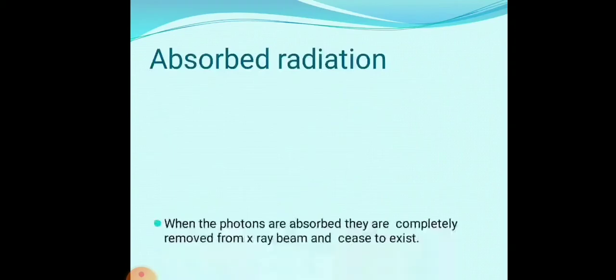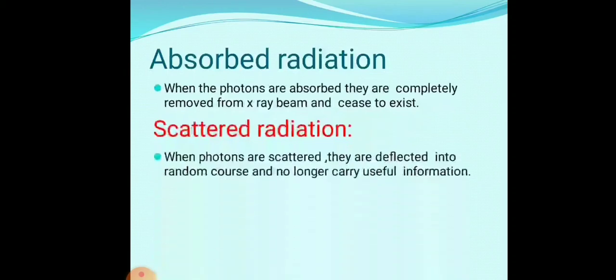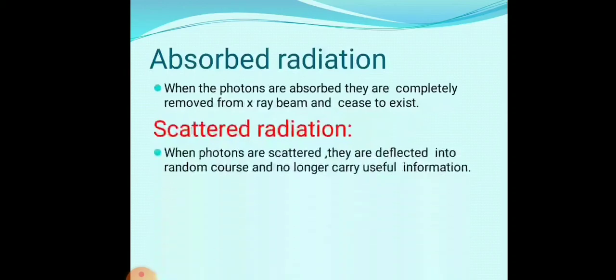Now going to see absorbed radiation. Absorbed radiation means that when photons are absorbed, they are completely removed from the X-ray beam. Scattered radiation means that when photons are scattered, they are deflected in a random course and no longer carry useful information.